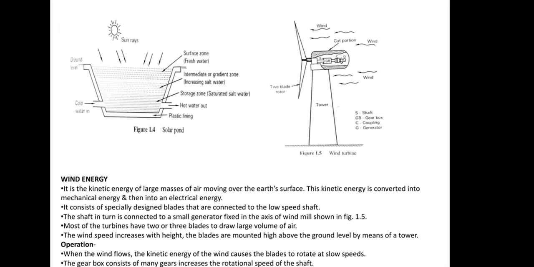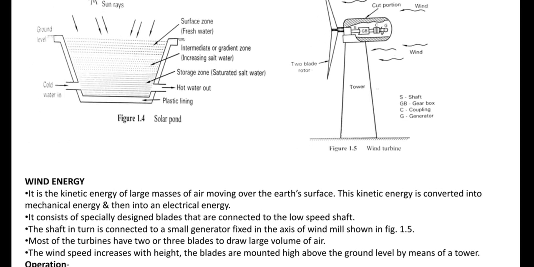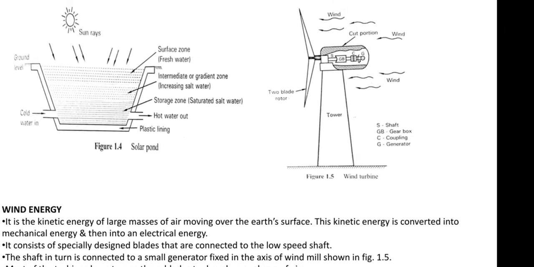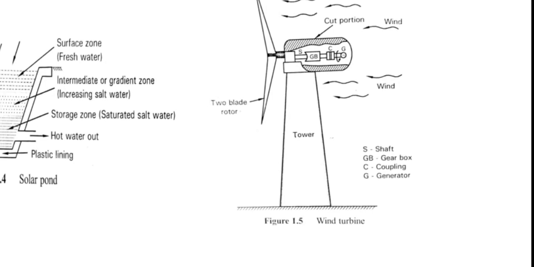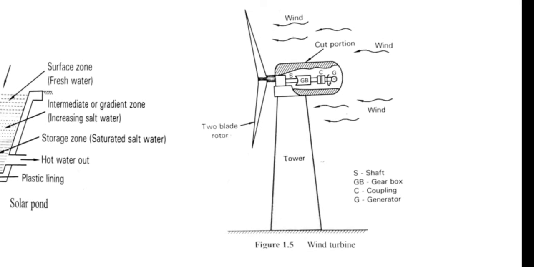Now next, windmill. Basically you see here the parts of the windmill. From the VTU point of view this question is very important. These are the blades of the rotor, because it is rotating. These are the two blades of the rotor.